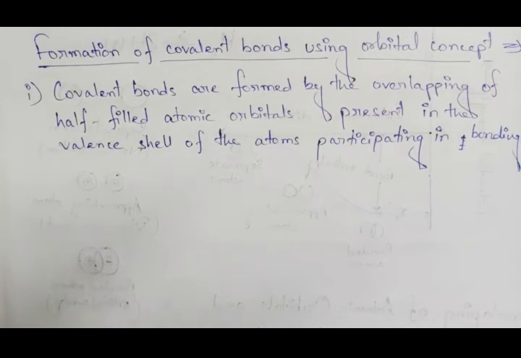That means if two separate hydrogen atoms combine to form the hydrogen molecule, the half-filled atomic orbitals of the two hydrogen atoms will undergo overlapping. Next, the orbitals which undergo overlapping must have electrons with opposite spins.